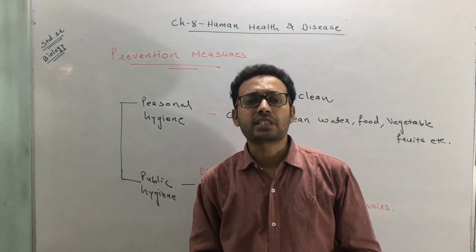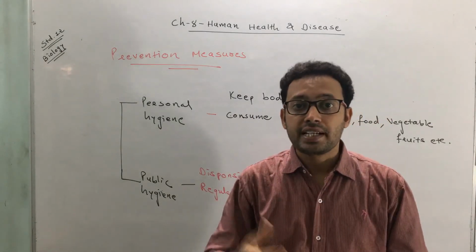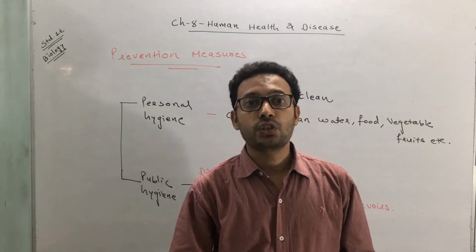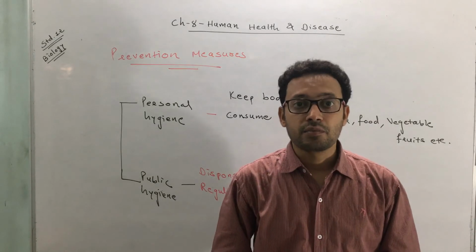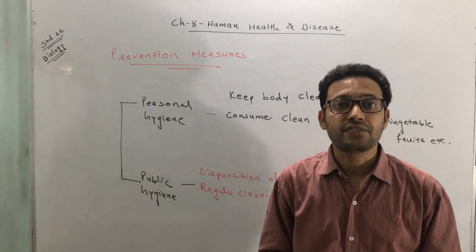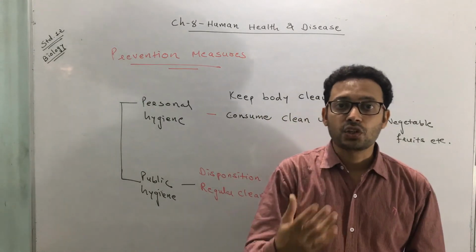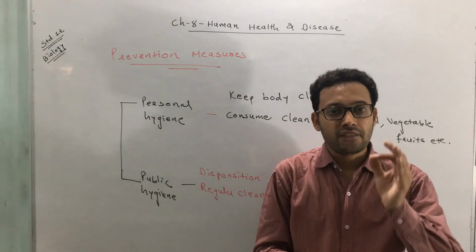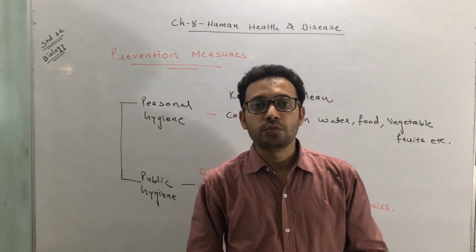Next, there are also some diseases caused by contaminated food and water. For example, typhoid is caused by contaminated food and water. Or amoebiasis, that is caused by contaminated food and water. Or dysentery. In those cases, you have to keep fresh food at your home.